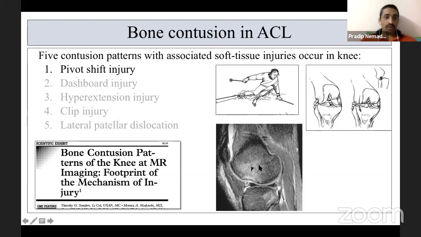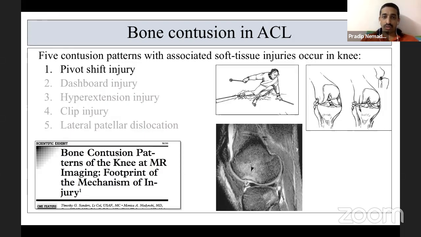Before I go ahead, I must recommend to everybody this classic article by Timothy Sanders, in which they have given bone contusion patterns at the knee on MR imaging, the footprint of the injury and mechanism of injury.